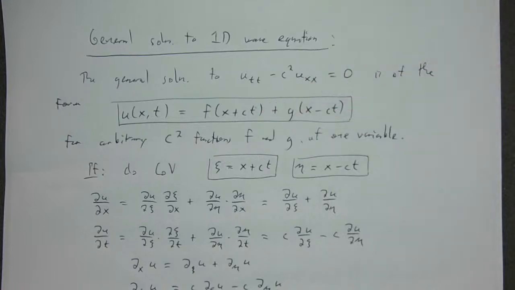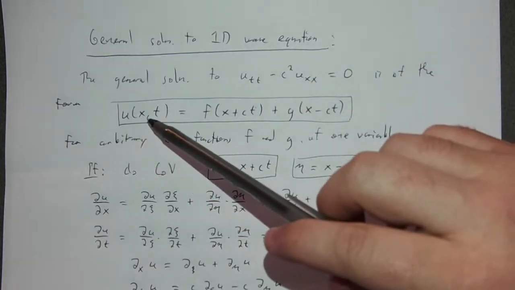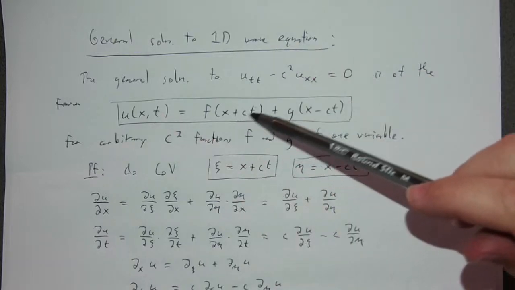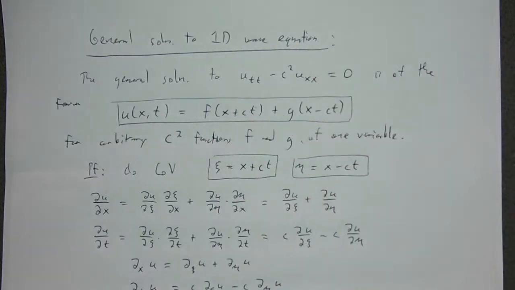My u, of course, is a function of two variables, x and t, but we see how in the general solution these things get put together. So there's an interplay between space and time here, which can be a little bit confusing at first, but this is a fundamental property of propagation of waves. So you'll get used to it. This is definitely a feature, not a bug.